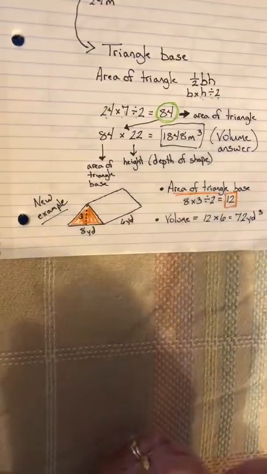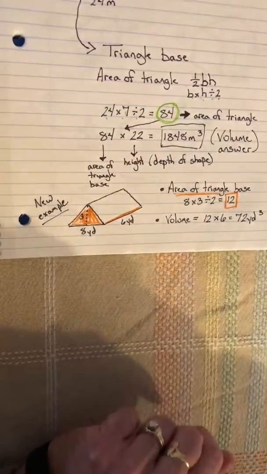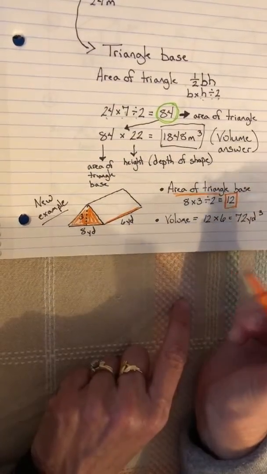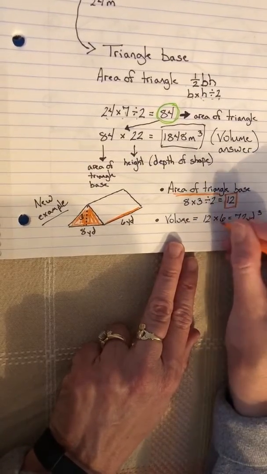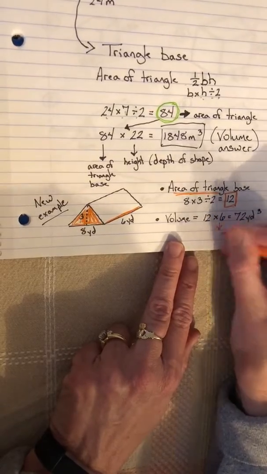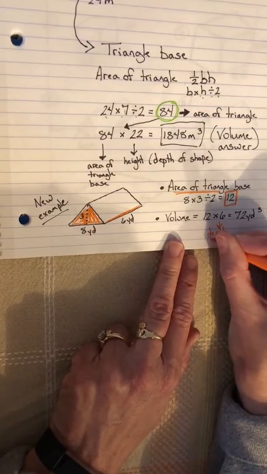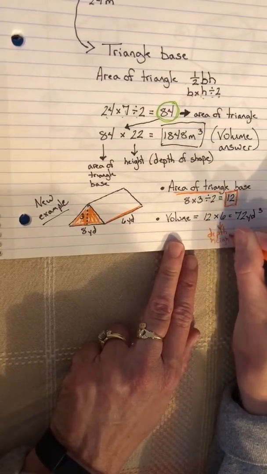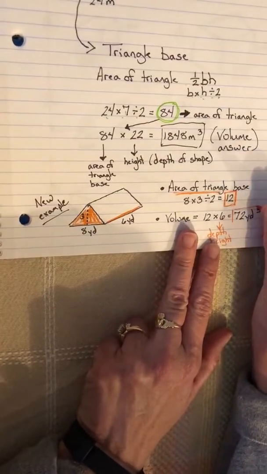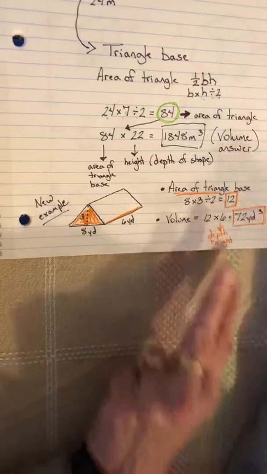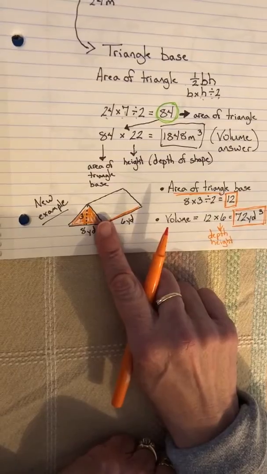Now, the depth, how deep the shape goes, is 6 yards. So I take my 12, the area of the triangle, times it by the 6, which we can think of as the depth. Sometimes it's just called the height. And when you multiply it together, we get 72 yards cubed, which would be the volume of this shape.